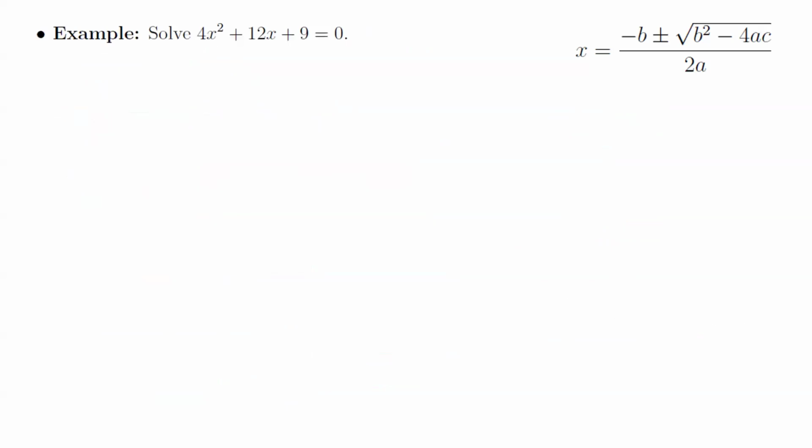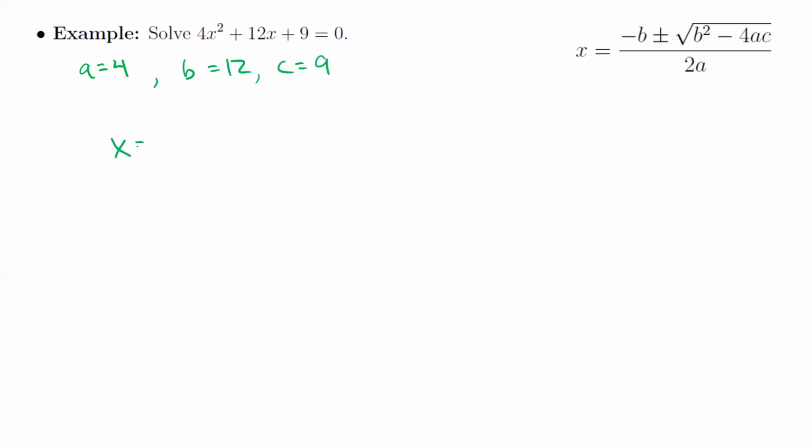All right, so here's an example that's pretty straightforward looking. There's not a lot of special things we have to do on the front end. Seems reasonable just to dive right in and say that our A is equal to 4, our B is equal to 12, and our C is equal to 9. So that's just fine.